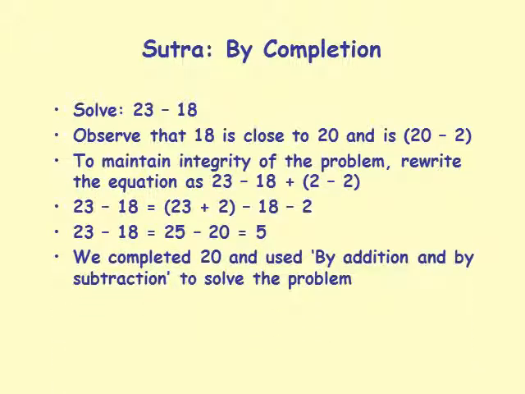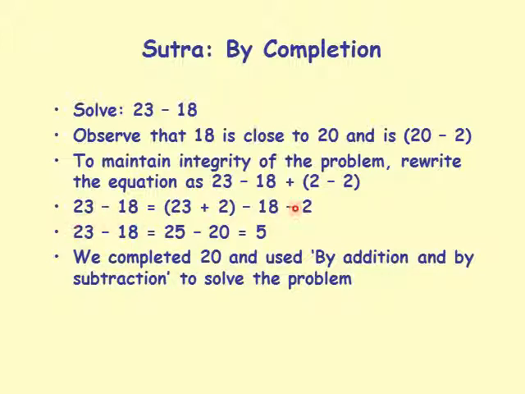Now the equivalent problem is 23 minus 18 is equivalent to 25 minus 20. And 25 minus 20 is 5, which is a lot easier to solve than 23 minus 18.